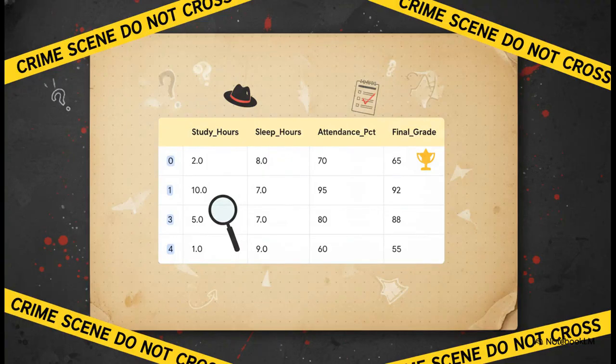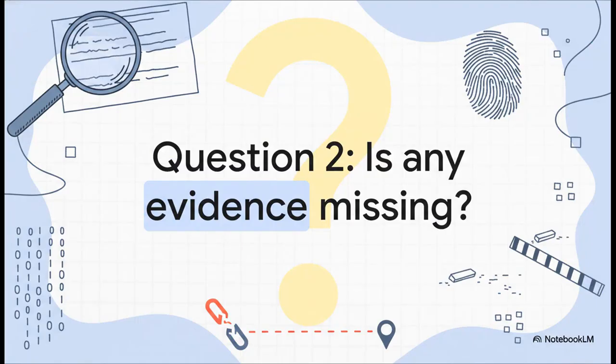And here we go, our first set of clues. We can see our 4 key variables, or maybe we should call them our suspects: study hours, sleep hours, attendance, and of course, final grade. The shape tells us we're dealing with a pretty small scene here, just 10 records and 4 columns of evidence. Nice and manageable.